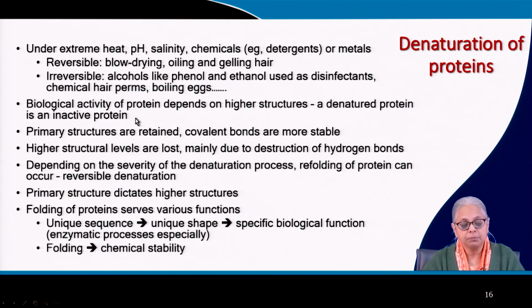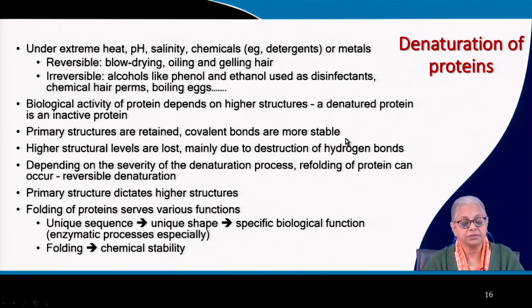So this biological activity depends on the preservation of the higher structures. The denatured protein is an inactive protein. It has lost all its ability to do any of its biological functions. The primary structure is intact. Nothing has changed. You haven't broken it. The primary structure is completely retained.